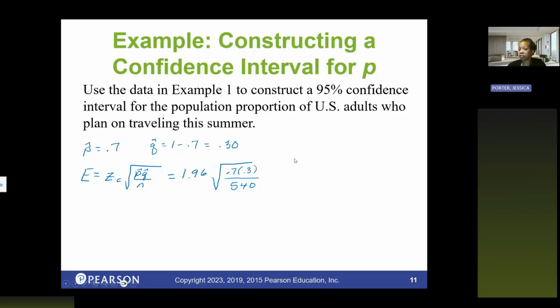And so now, let's throw this in our calculator. Let me make sure my AirPlay is on. It turned off on me.